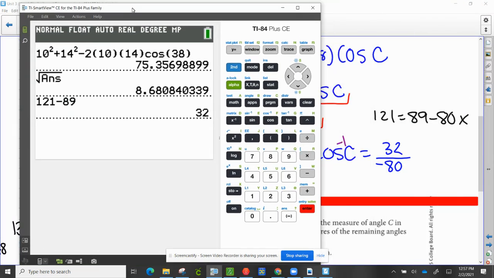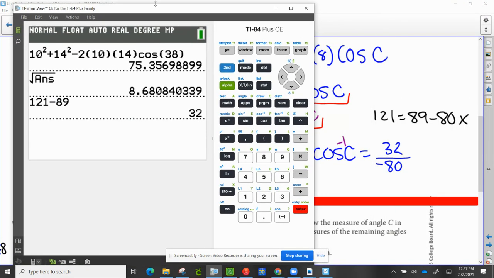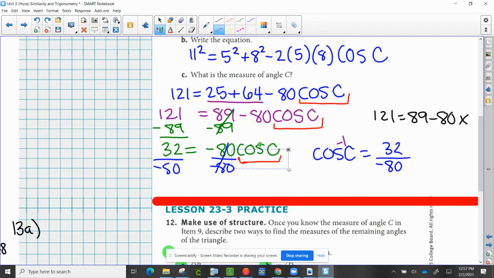So we use inverse cosine, and I'm just going to put that fraction in there. 32 divided by negative 80. The less I have to simplify, the less room for error I'm going to make. So if I just let the calculator do all the work for me, there we go. Okay, so we got the answer. Let's round here. So let's say 114 degrees.